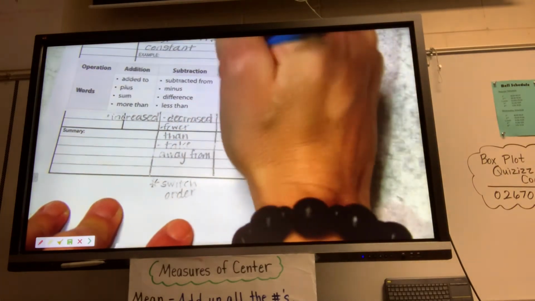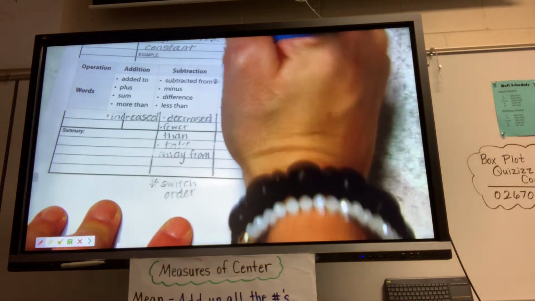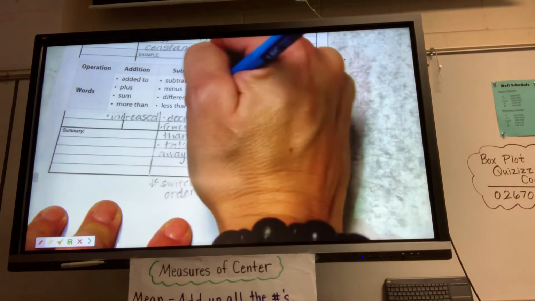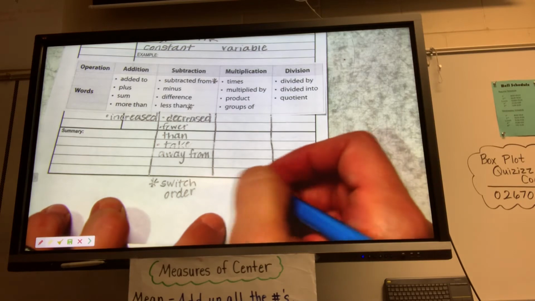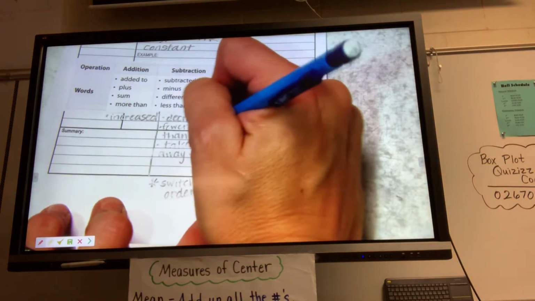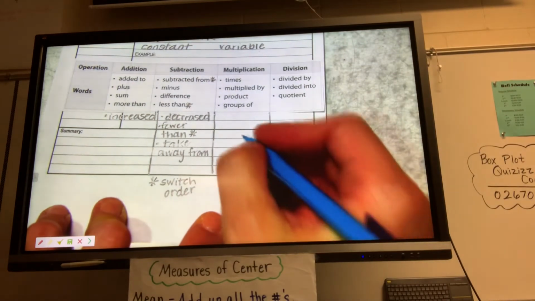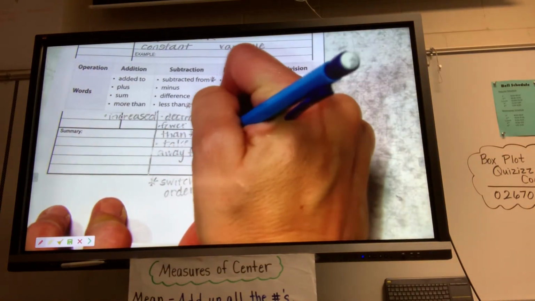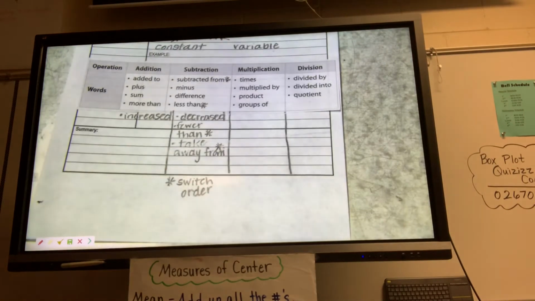And we're going to put stars by subtract from, less than, fewer than, and take away from. When we see those words, or when they give us those words, that tells me that I'm going to need to swap the order, which we'll do some of those in just a minute and you'll understand what I'm talking about.